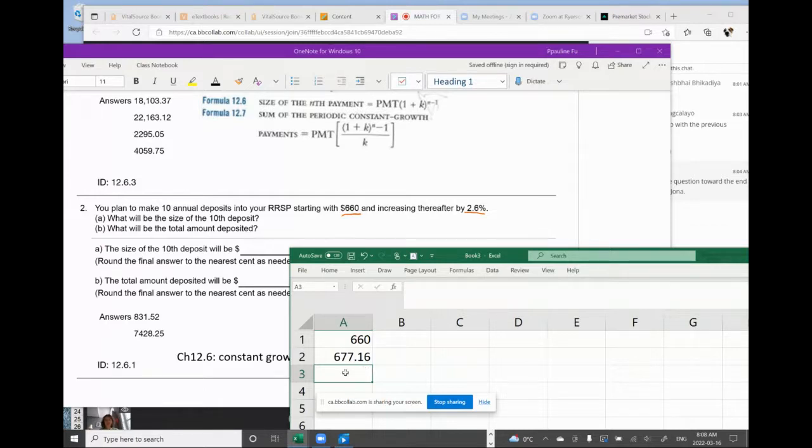Now, the third year, how much do you pay? It is increased by 2.6% based on the second year. So the third year would be the second year times 1 plus 2.6%. For the third year, you contribute $694.77.